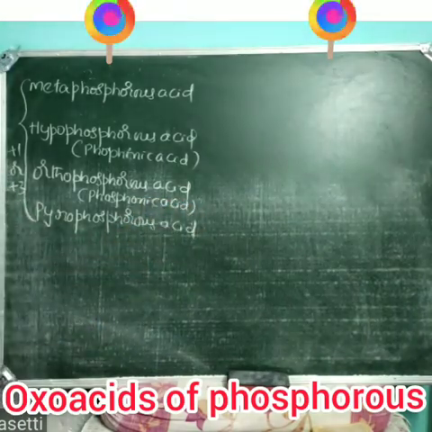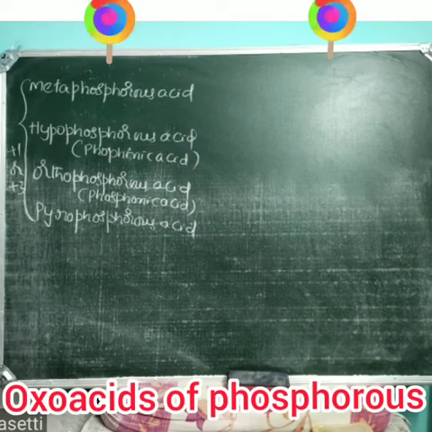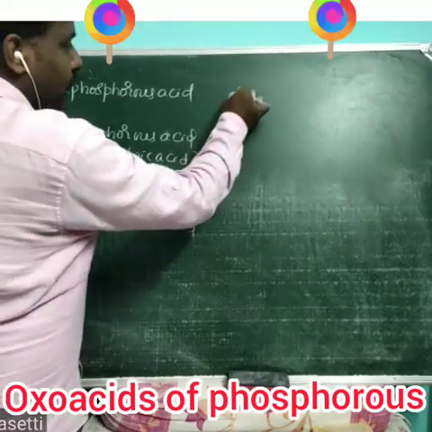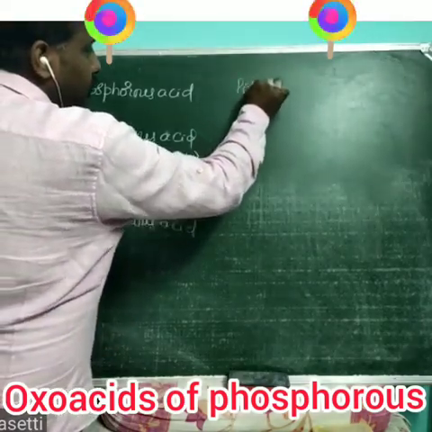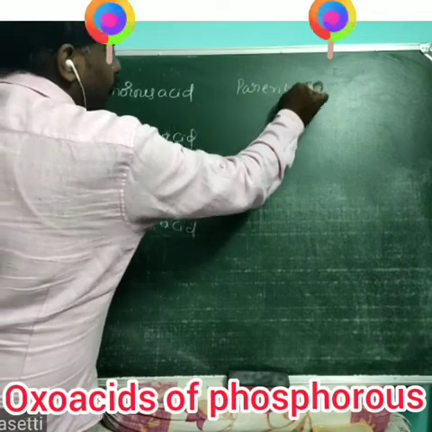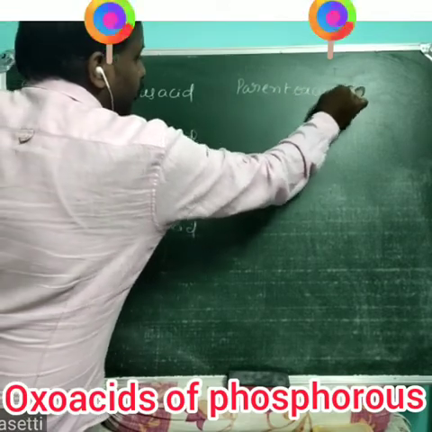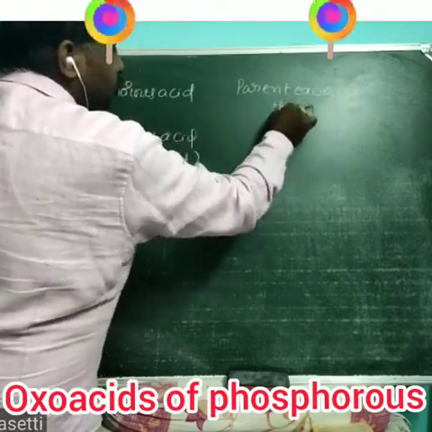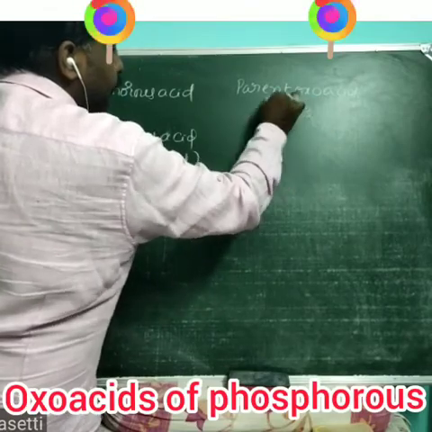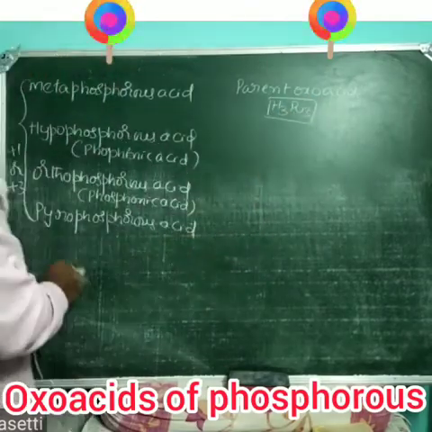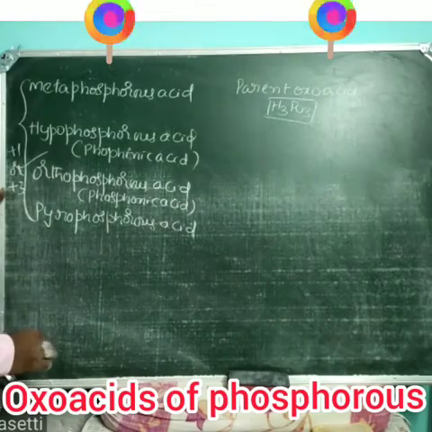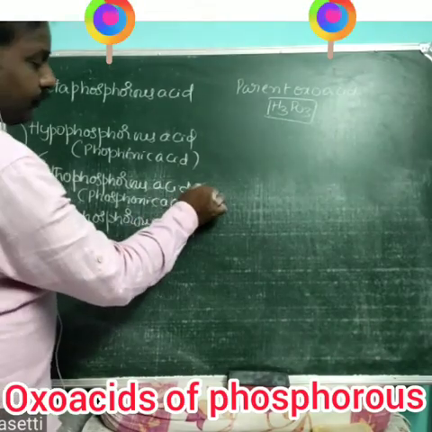Now, how will we remember these formulas? For this, let us take one parent oxyacid. That parent oxyacid here is H3PO3. H3PO3 we call orthophosphorus acid.